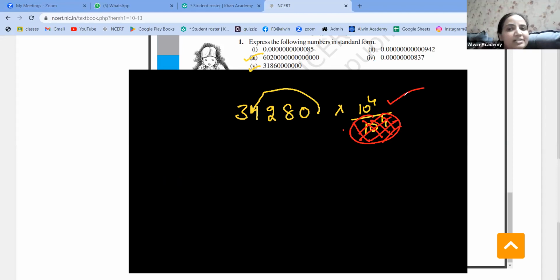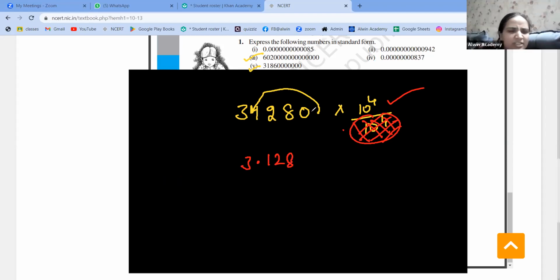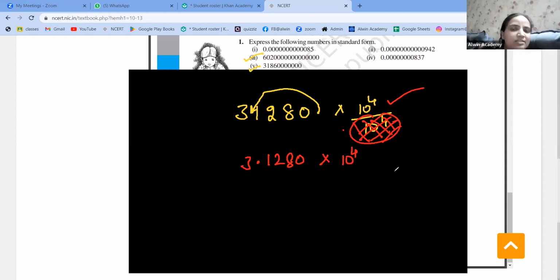What is reflected is the positive power. So this will be 3.128. If there is a 0 at the end, doesn't matter. If you want to write it, you can. If you want to skip, that is okay. 3.1280 into 10 to the power 4 is the answer. Got it, beta ji? Yes, ma'am.